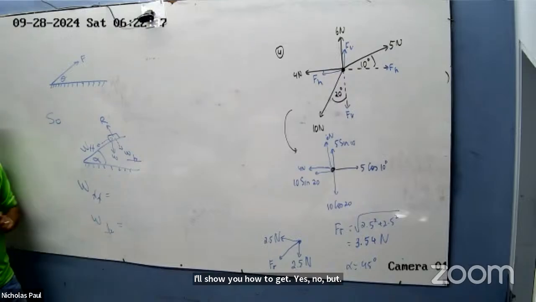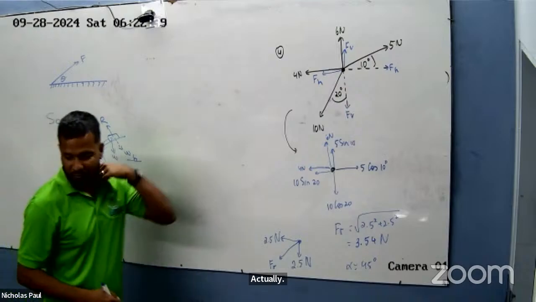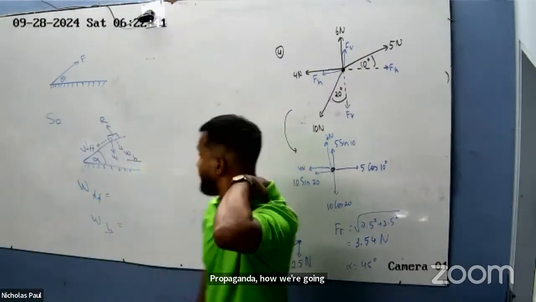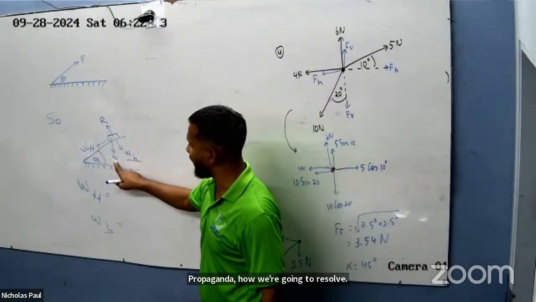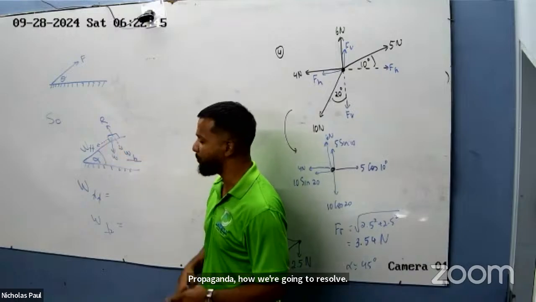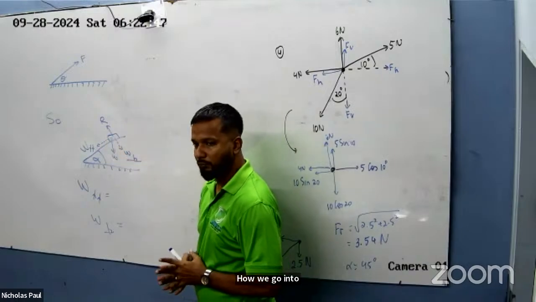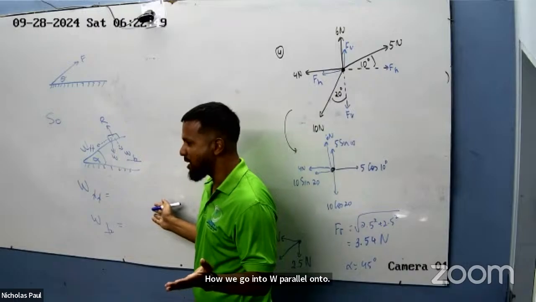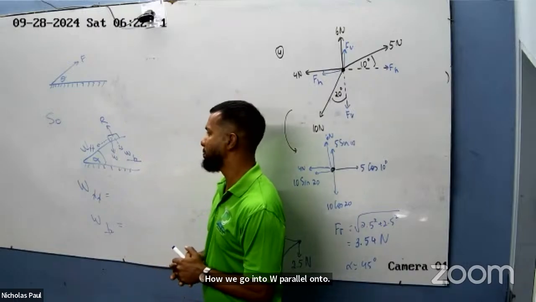How are we going to resolve W parallel and perpendicular to the plane? Obviously, one is sine and one is cos, right? How will you figure that out?